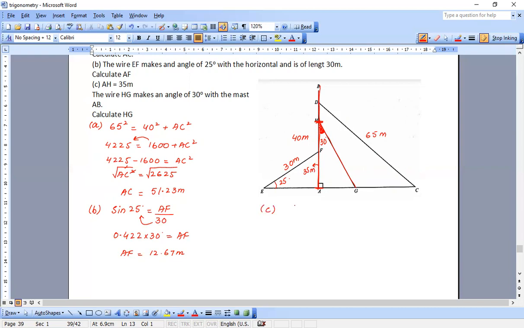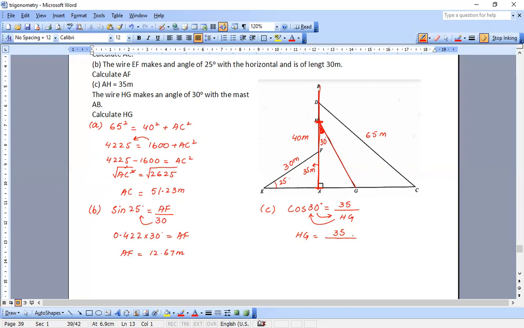So the trigonometric ratio which connects adjacent and hypotenuse is cos. So I'll say cos 30 degrees is equal to adjacent, which is 35, upon hypotenuse, which is HG. I'll switch them with each other, and we can say that HG is equal to 35 divided by cos 30.